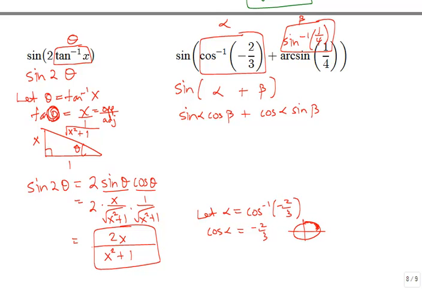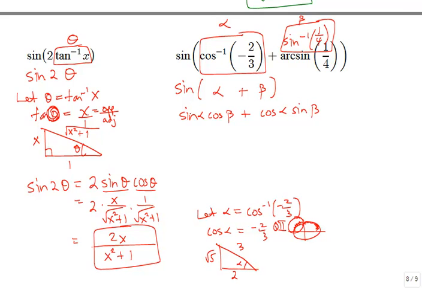It goes through quadrant 1 and quadrant 2 from 0 up to pi. So if this is a negative 2/3, then that means we're talking about quadrant 2. So let's draw our triangle. Here's alpha. Cosine is adjacent over hypotenuse. So 9 minus 4 is 5, so this will be root 5.